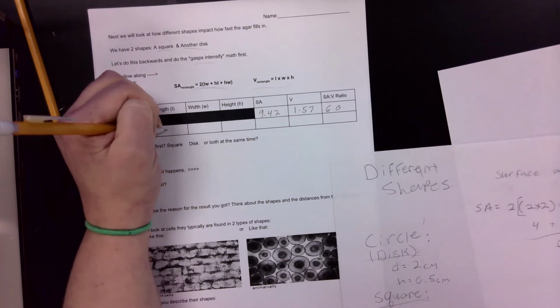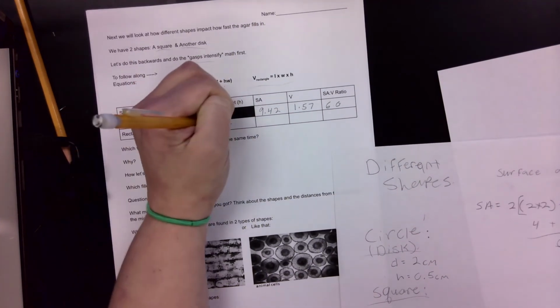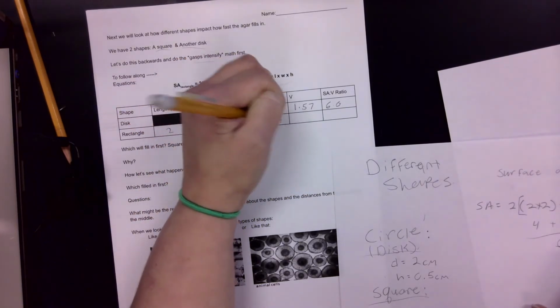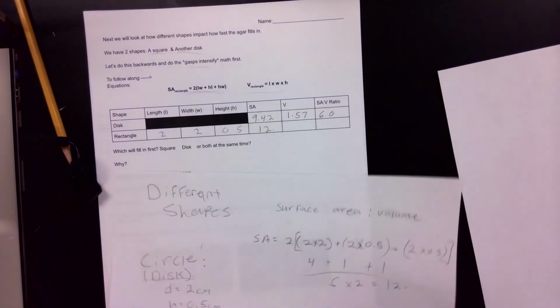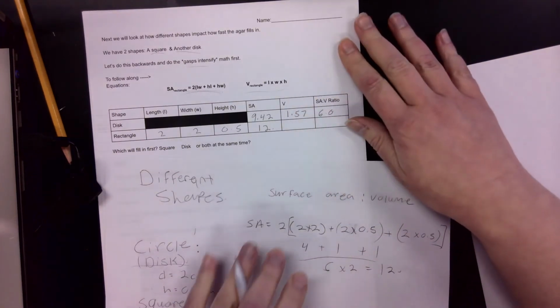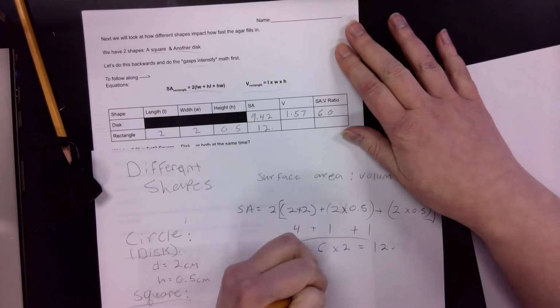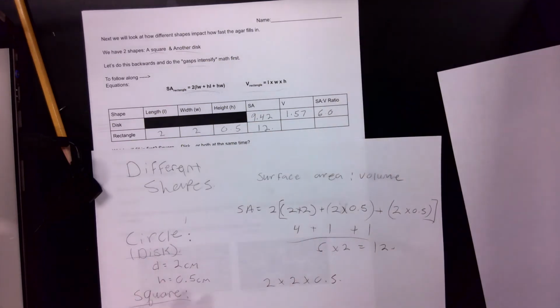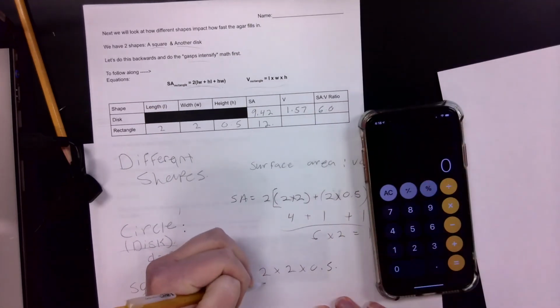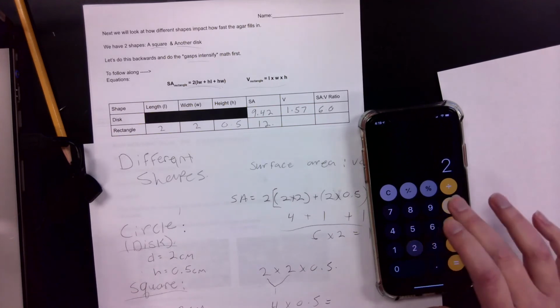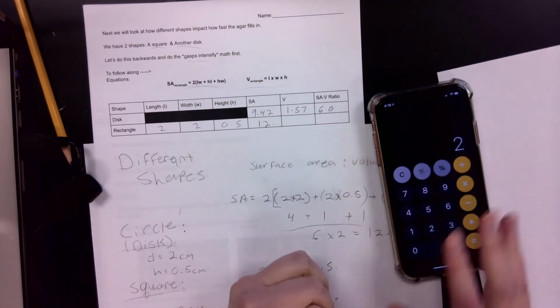So let me just fill these in again. So our surface area is 12. And then our volume is just length times width times height. So that's just 2 times 2 times 0.5. And that should be 2.